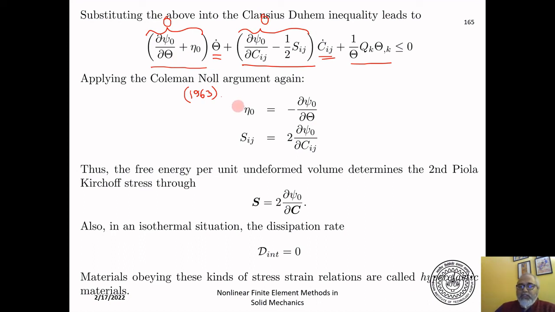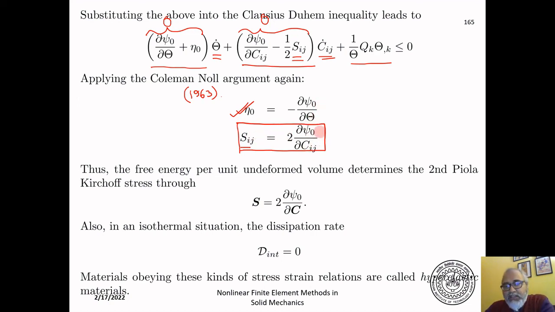If this is 0, then the entropy in the deformed configuration is given by minus the partial of psi naught with respect to theta, and the second Piola-Kirchhoff stress will be given by the partial of psi naught with respect to Cij.